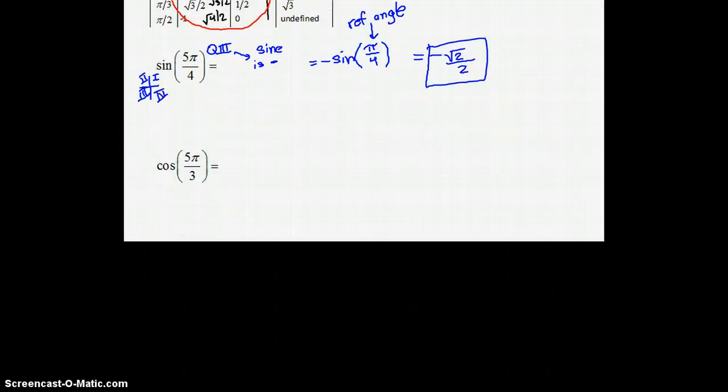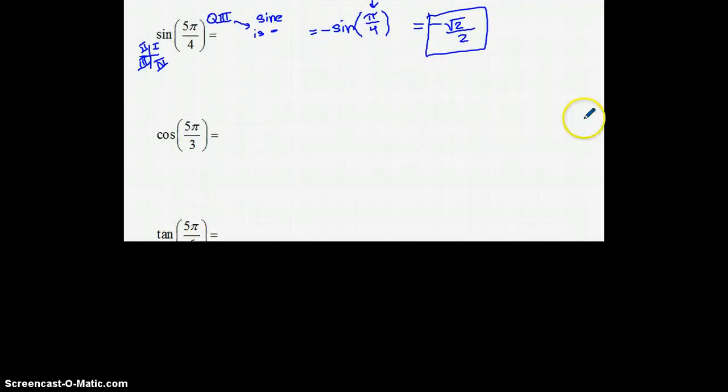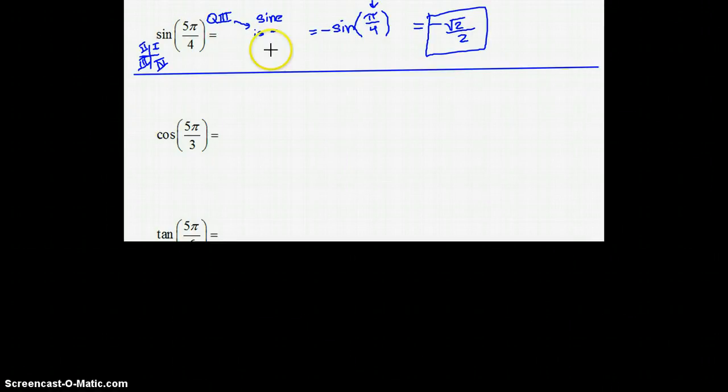Okay, let's try another one here. Cosine 5 pi over 3. Okay, so again, let's figure out what quadrant this is in. 5 pi over 3, 5/3 is between 3 halves and 2. So 5 pi over 3 is in the 4th quadrant.